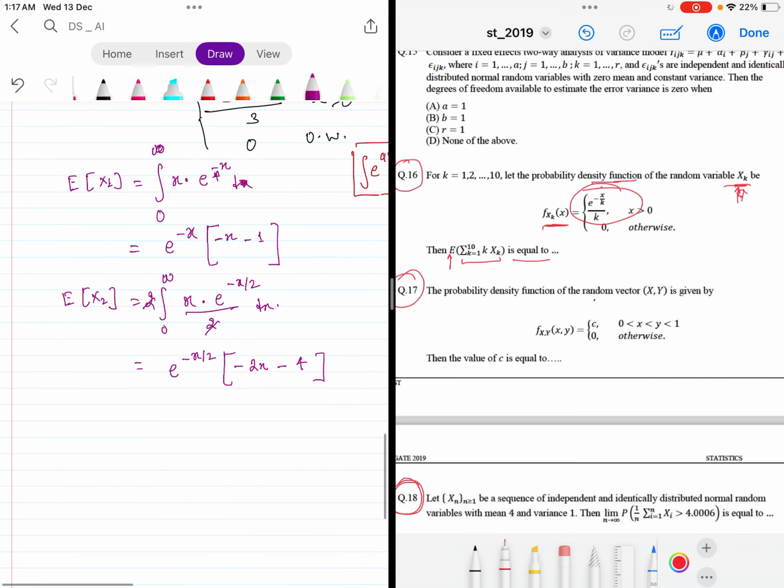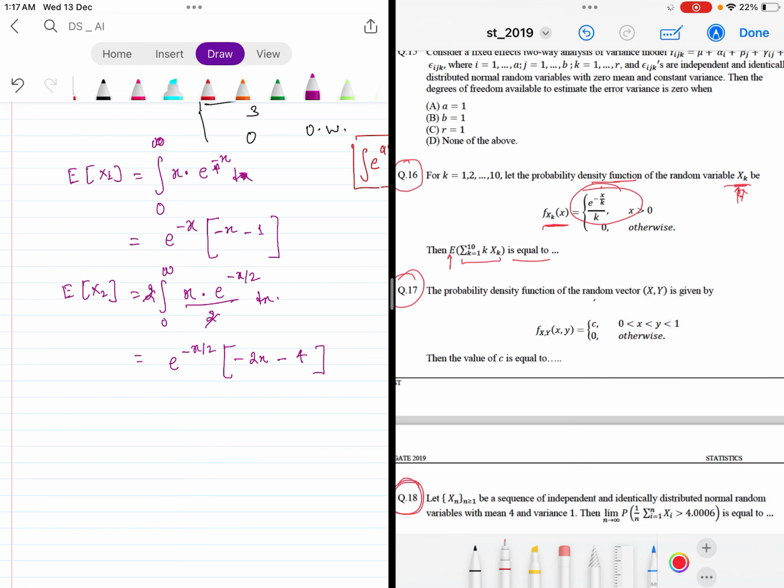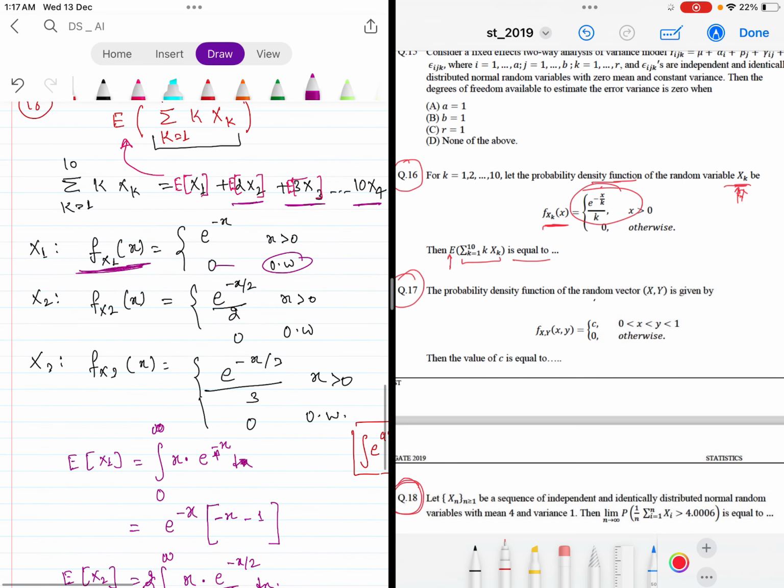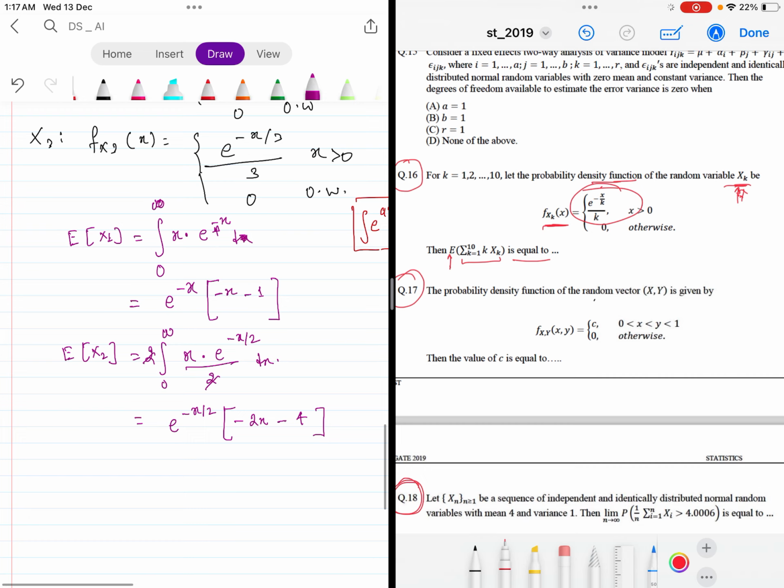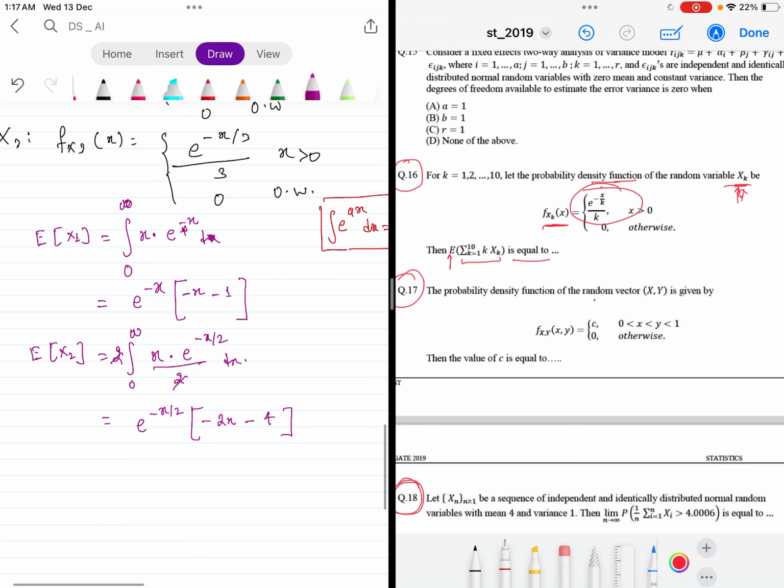Okay, I hope I'm not making any mistake. At the end we will have to add up, right? So if we add these two, let's put the limit also.